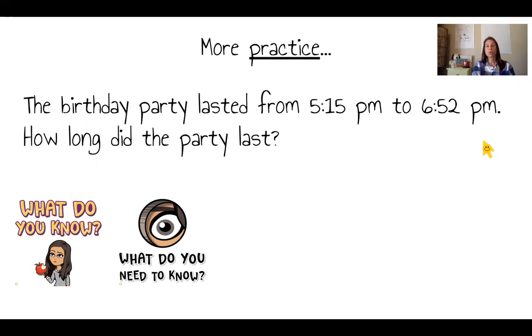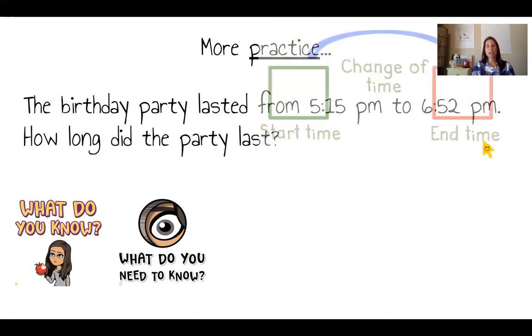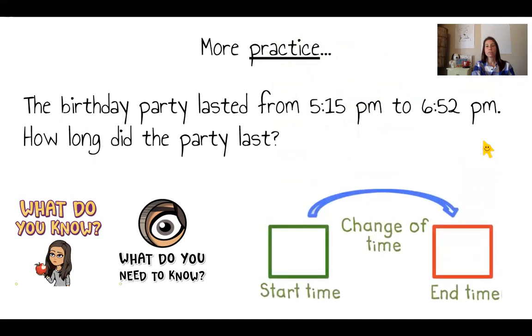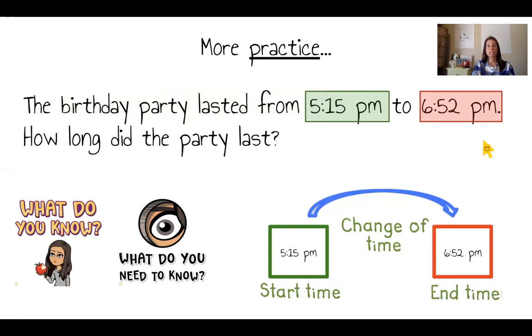Well, I think I need to know the change of time. Let's look at this here. So we have the start time, we have the end time, and we are looking for the change of time. Okay, so the start time was 5:15, the end time was 6:52.